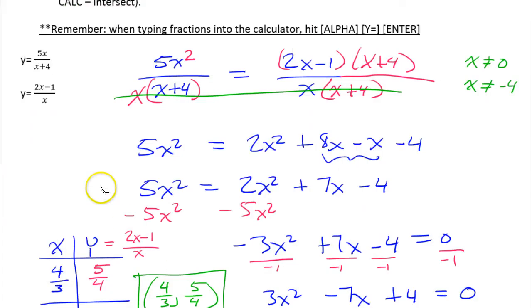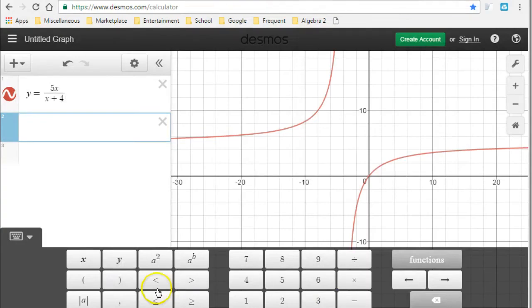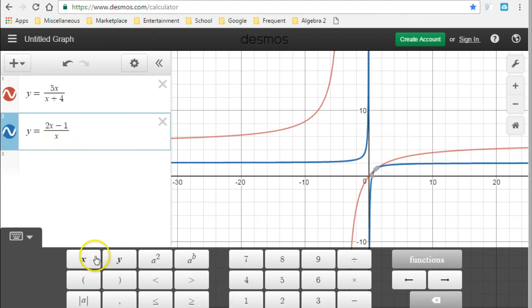And our second equation is y equals 2x minus 1 over x. So y equals 2x minus 1 over x. So we see these two equations interacting, and they seem to have some intersection points here.